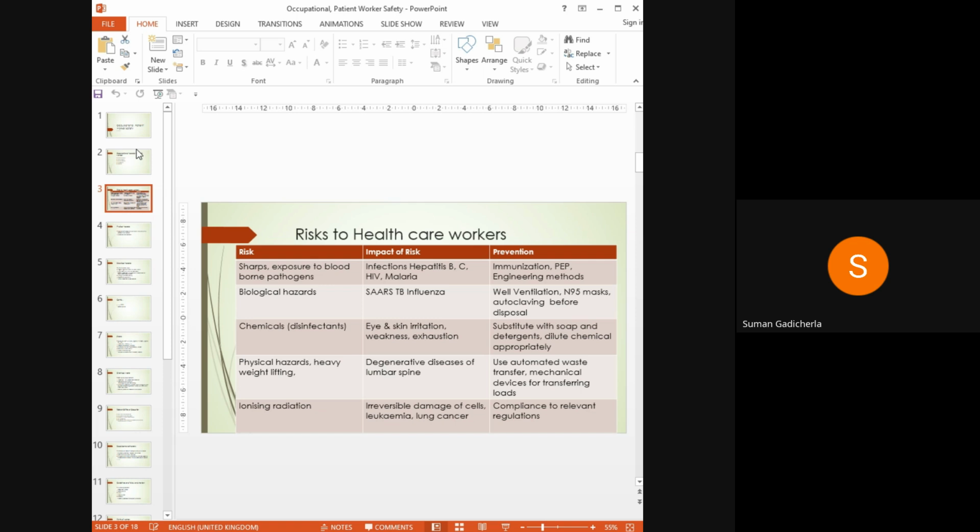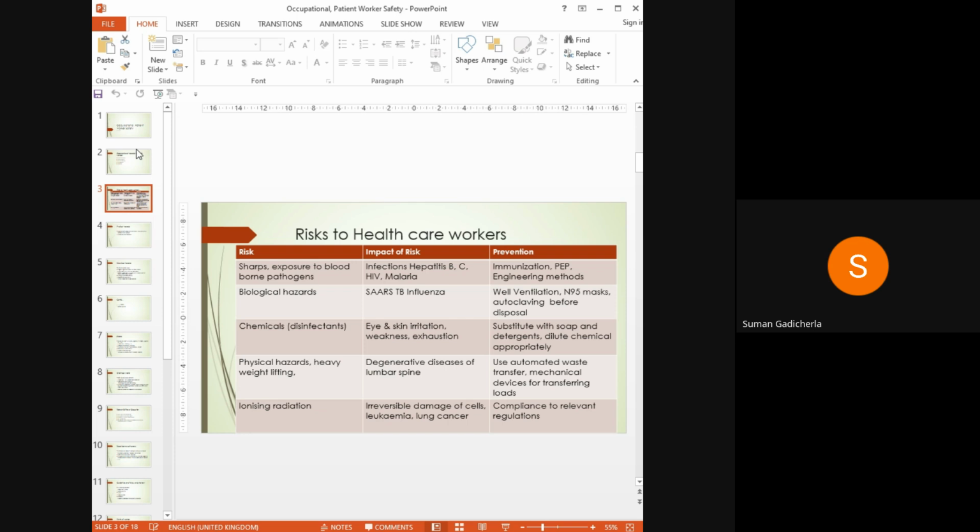All these things should be explicitly stated in a policy, right? So these are some of the measures we can take to minimize the occupational hazards for our healthcare workers. That is up to chemicals.